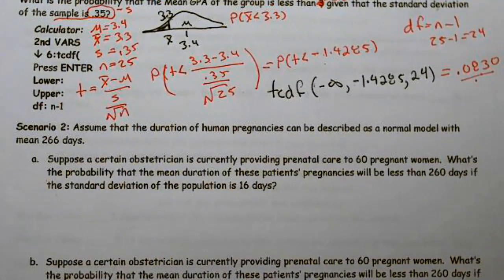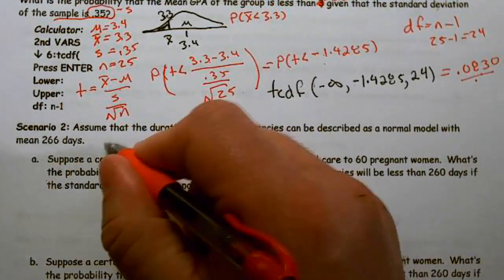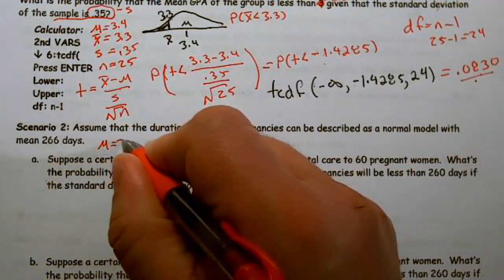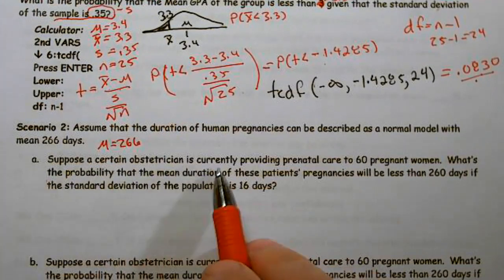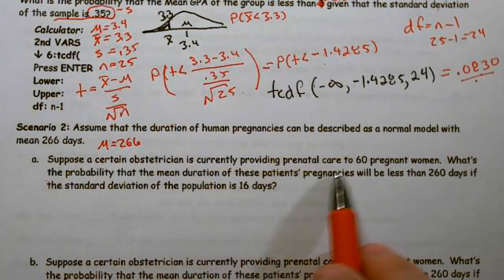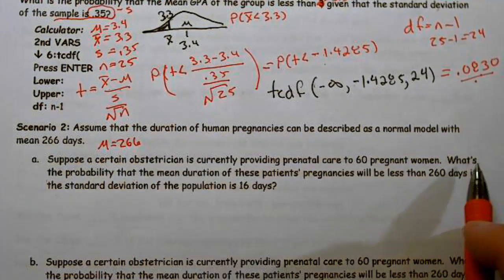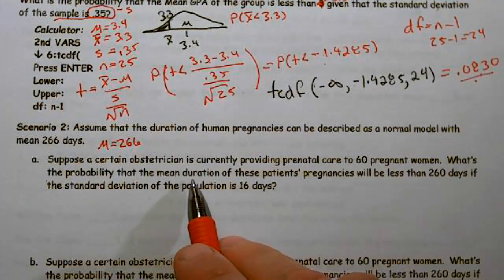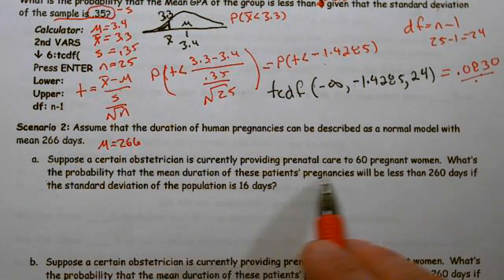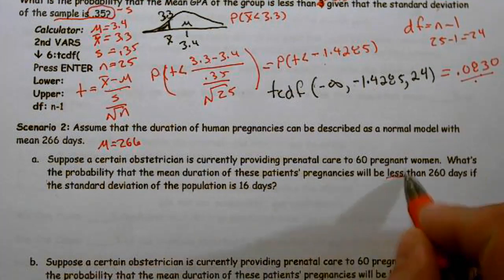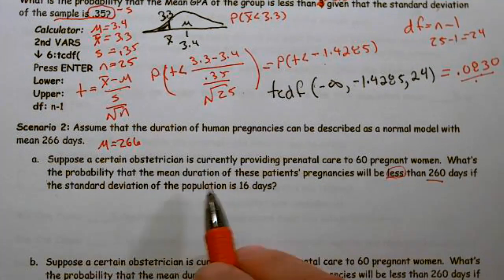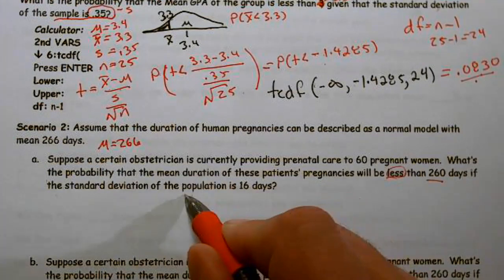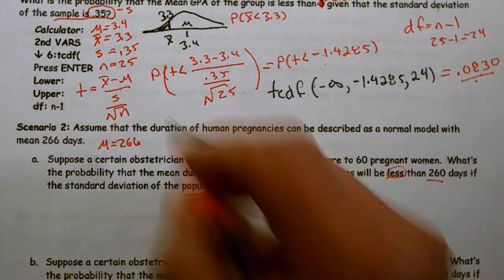So assuming that the duration of human pregnancies can be described as a normal model with a mean of 266, so we have a mean of 266. Suppose a certain obstetrician is currently providing prenatal care for 60 women, so we have an N of 60. What's the probability that the mean duration of these pregnancies will be less than 260 days if the standard deviation of the population is 16?